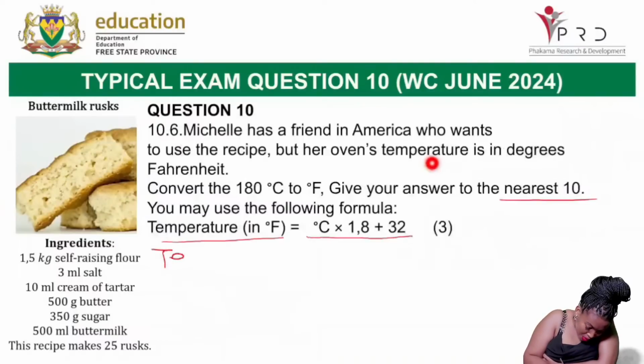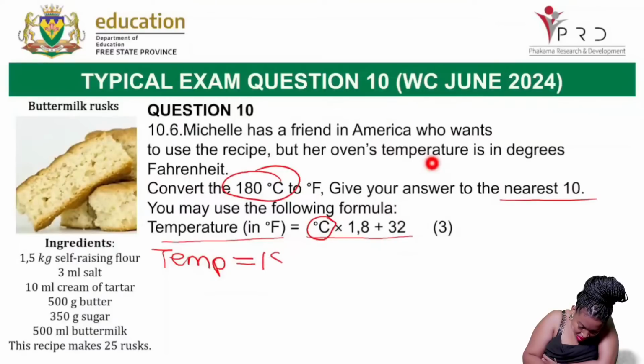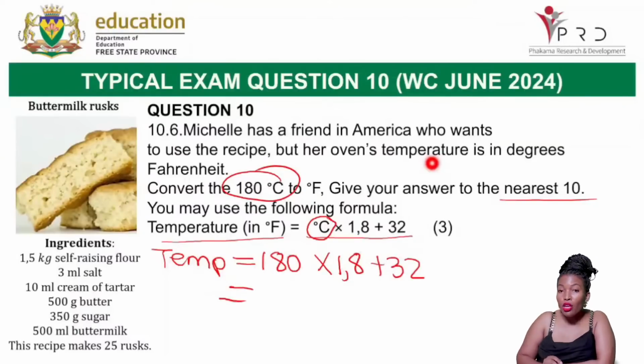So I will say temperature is equal to, what is our degrees Celsius? Our degrees Celsius is 180. So 180 multiplied by 1.8 plus 32. And then, guys, BODMAS is very, very important. BODMAS says you must first multiply, then you will add later.